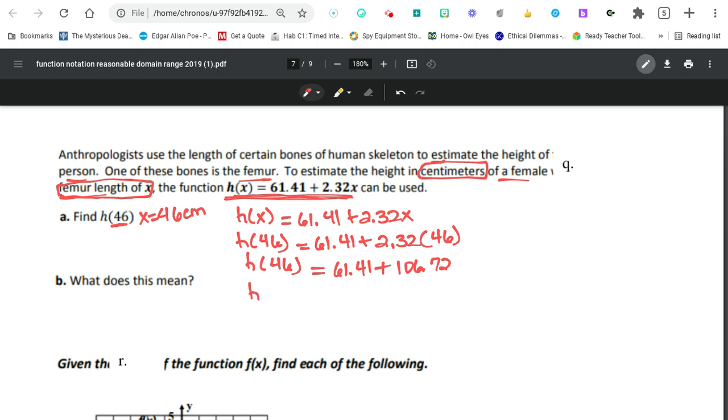So if bones were found and there was a femur length of 46 centimeters, it is estimated that that female was 168.13 centimeters in height, guys. That's how tall she was.